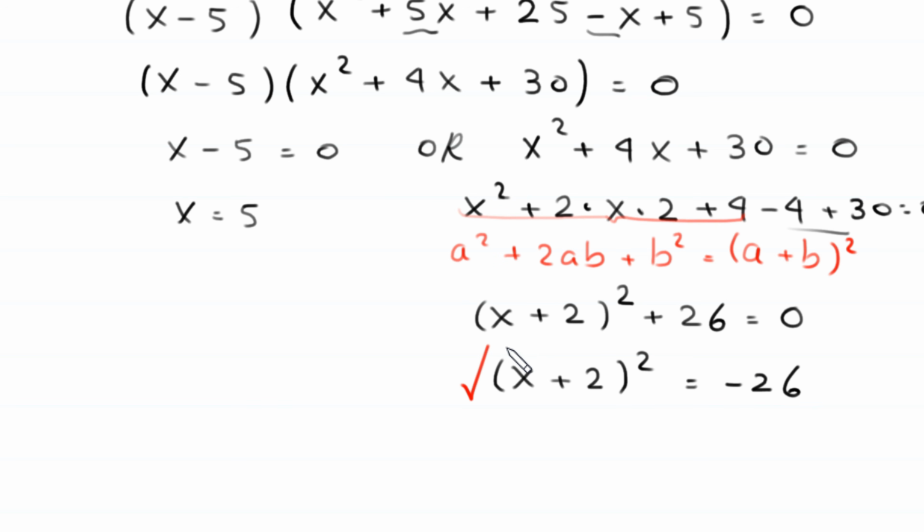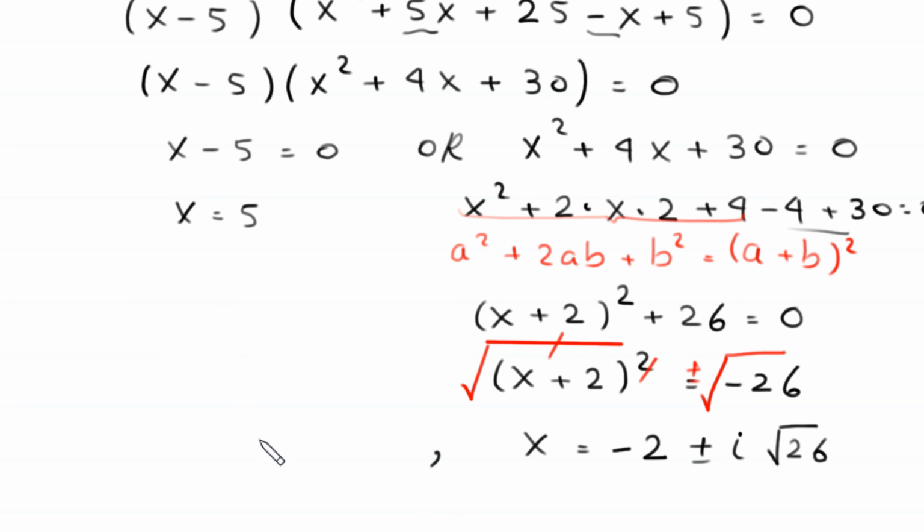Take square root of both sides. So this square will be cancelled out with the square root, and we are left with x is equal to negative 2 plus minus root negative 26, which will become I times root 26. And first we found this value of x is equal to 5. This is first and this is second and third. So we have 3 solutions for this equation: 5 and negative 2 plus minus I times root 26.